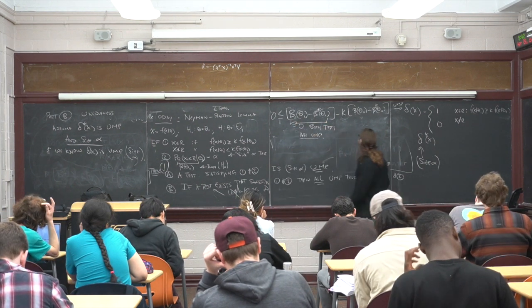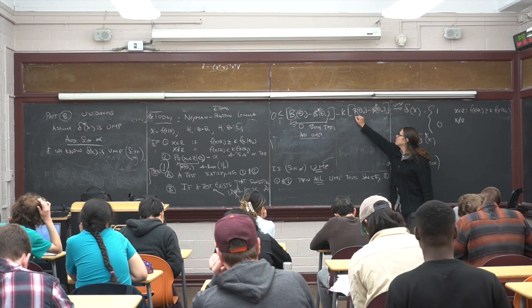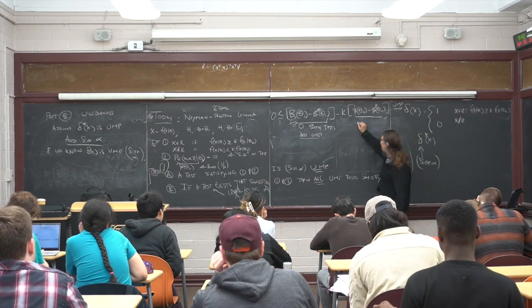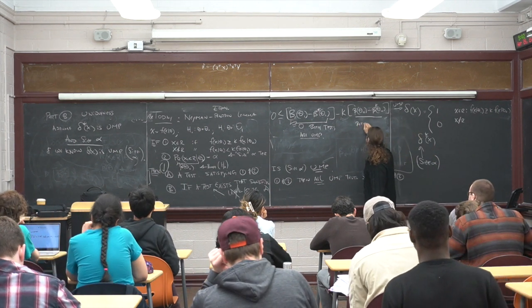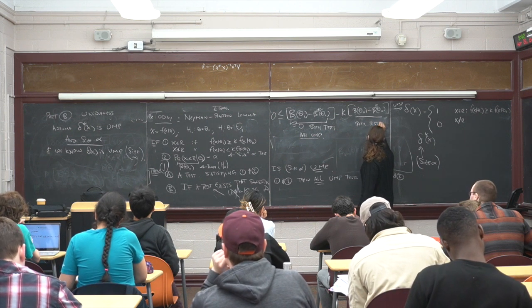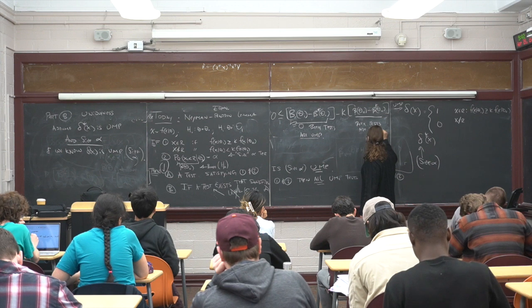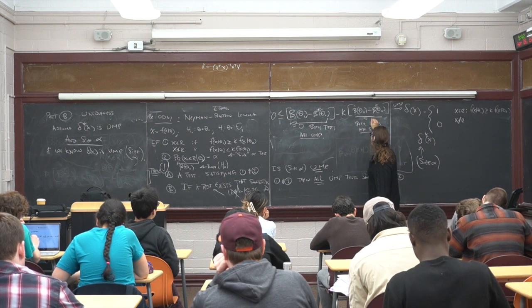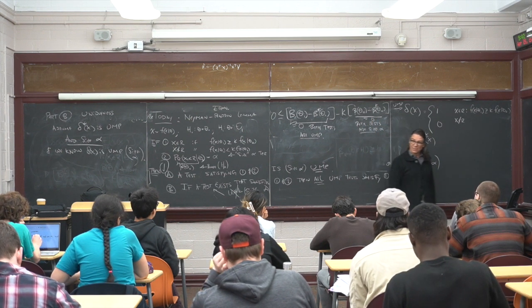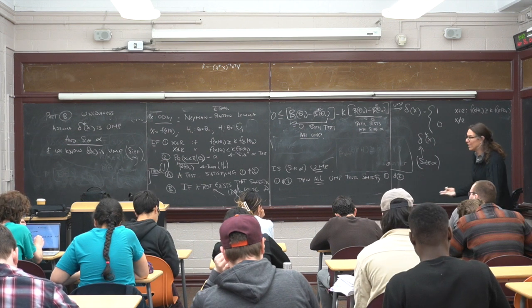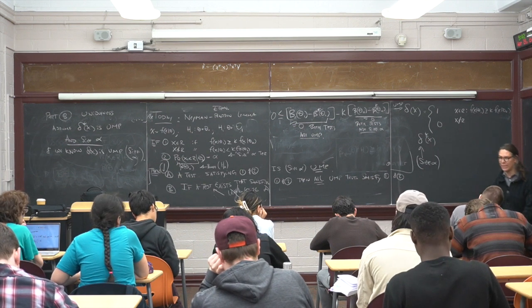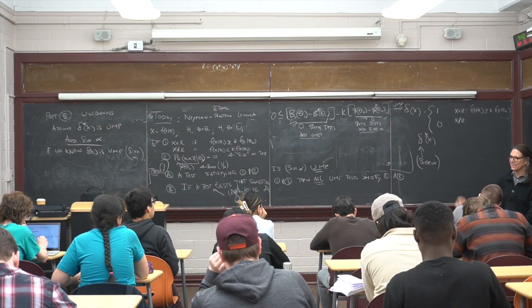Now you could argue something about this stuff right here. Both tests are size alpha. So that's also 0 for the exact same reason. So in the case where delta star is also UMP, this is exactly equal to 0.